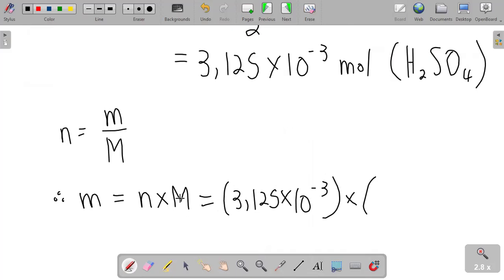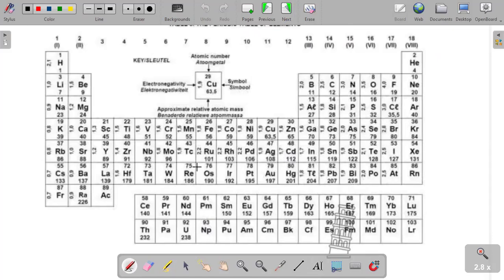multiplied by 10 to the power of -3. And then the M, we get it from the periodic table. Okay? We have hydrogen, we have sulfur, and we have oxygen. For sulfur it is 32, and then we have oxygen, which is 16, and then we have hydrogen, which is 1.